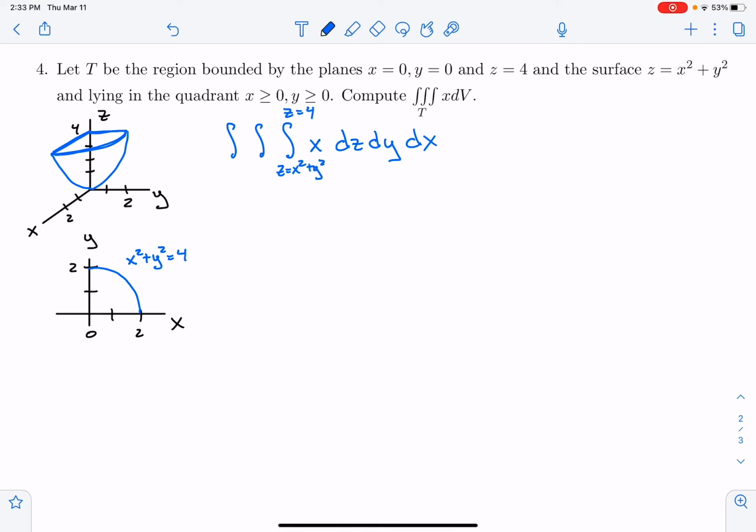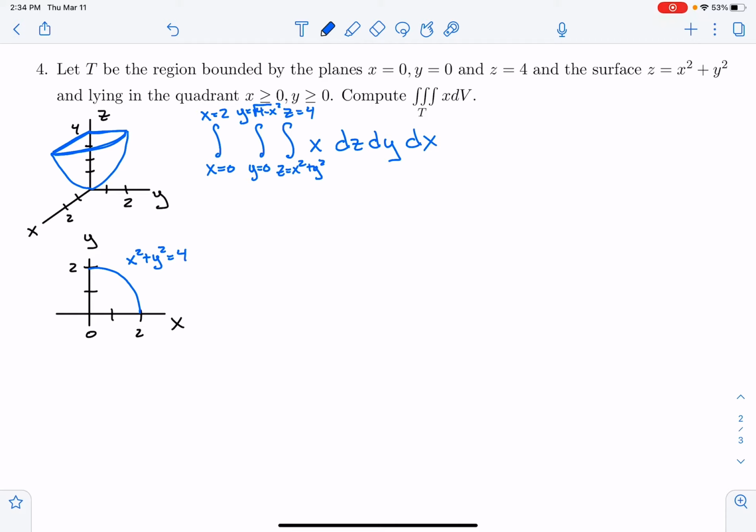And then I'm going to describe the region in the xy plane. Okay, so I'm going to start where y equals 0. And then I'm going to go to y equals the square root of 4 minus x squared. And then finally, I'm going to integrate x from 0 to 2.